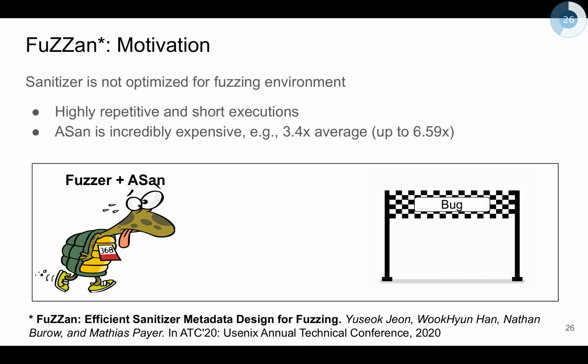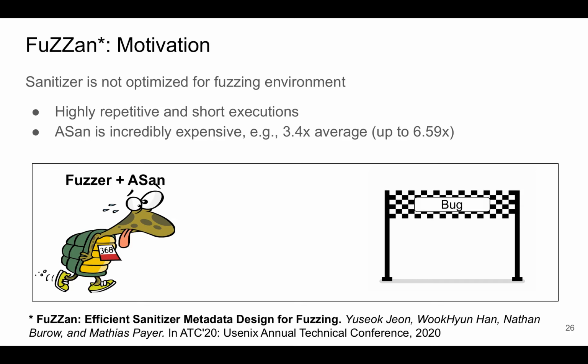So what's the motivation that we had? Well, we developed Fazan to target sanitization for fuzzing. And the idea here is that sanitizers are not optimized for fuzzing environments. Fuzzing environments are highly repetitive, so you've got thousands, tens of thousands of executions that hit the exact same behavior.